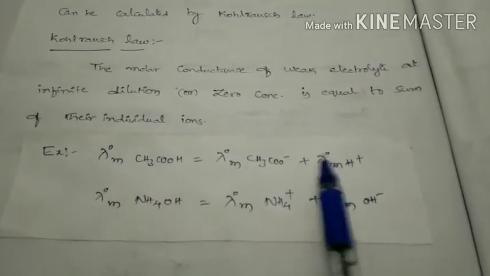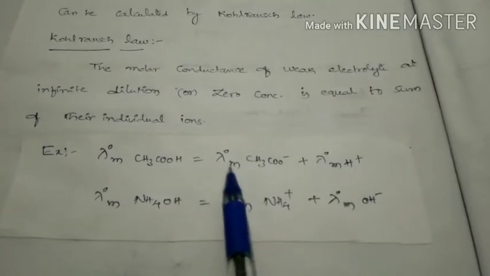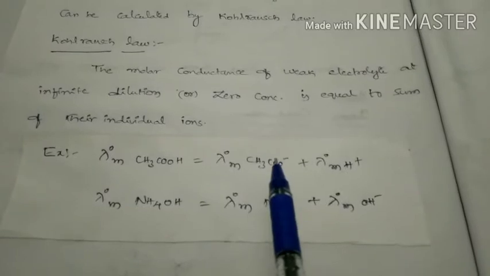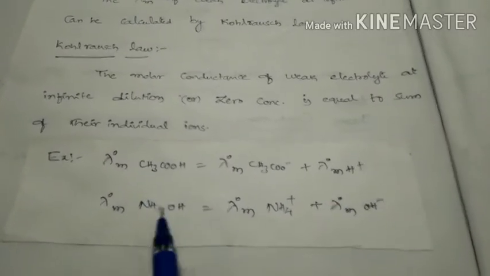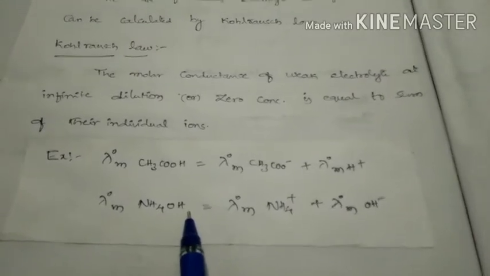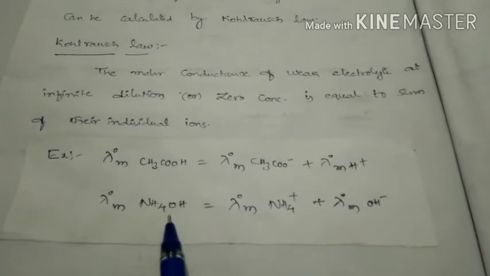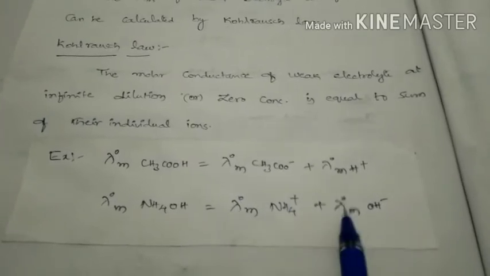How? By using this expression. If we get these ions at this concentration and add these two ions, automatically we get this value. Similarly, NH4OH is ammonium hydroxide. This is also a weak base, nothing but a weak electrolyte. In this case also we get it like this.